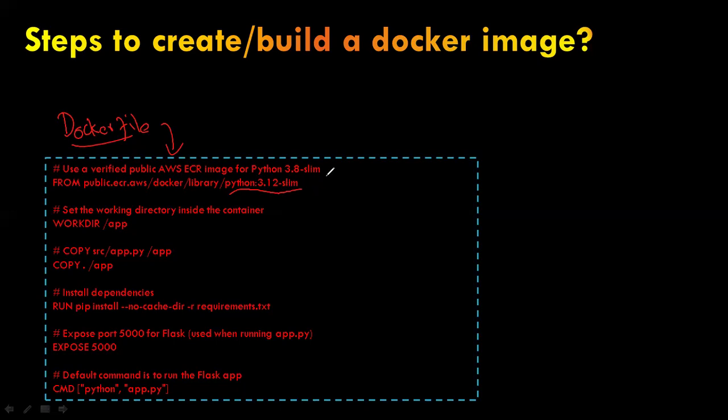That is the beauty of this one. It comes from the AWS public elastic container registry, a very trusted and verified image. In most of the projects I worked on with AWS cloud, we were told very clearly that we have to use this one.